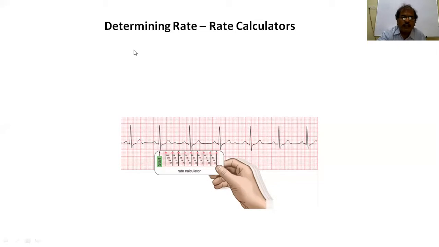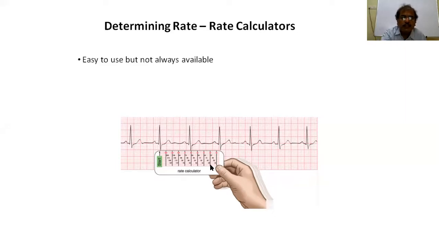Now we can also calculate the heart rate using rate calculators. These are available in the market. You put this calculator at the QRS complex and then measure the distance. Based on the second complex, the rate is written on the scale and you can identify that.